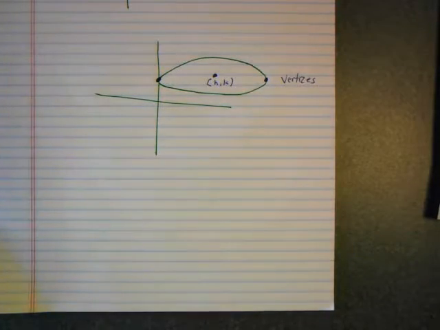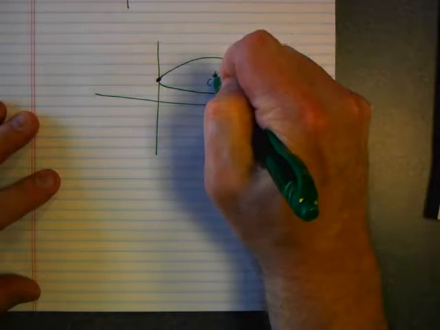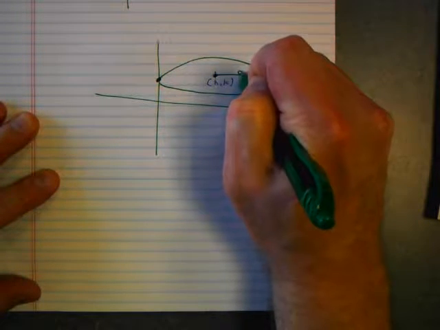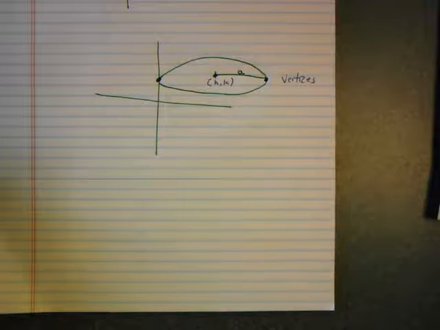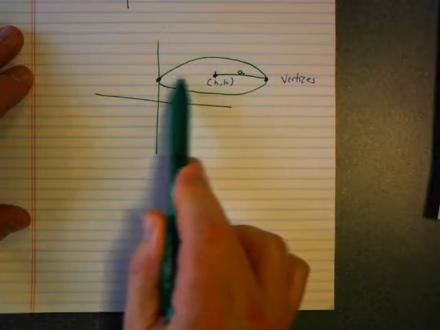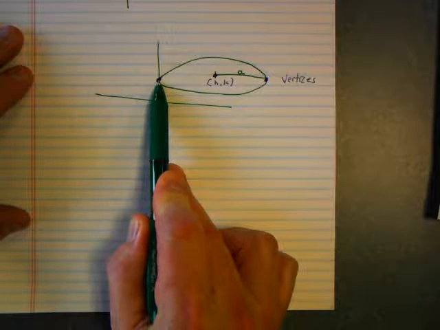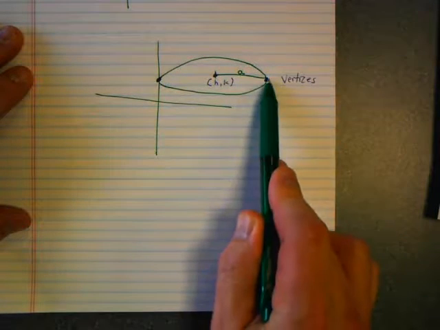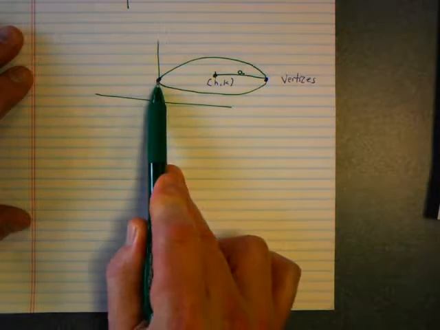The distance from the center to the vertex is called A. So if I were to draw the line from one vertex all the way to the other vertex, how long would it be? 2A. And that's called the major axis. The line that connects one vertex to the other is called the major axis.